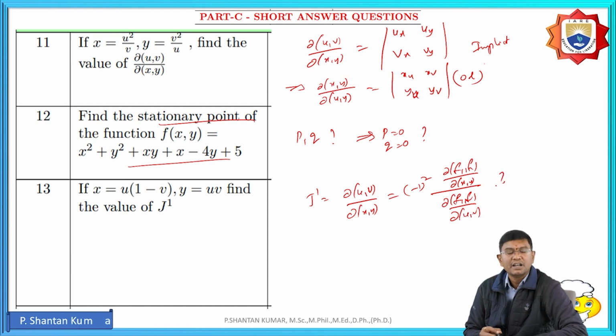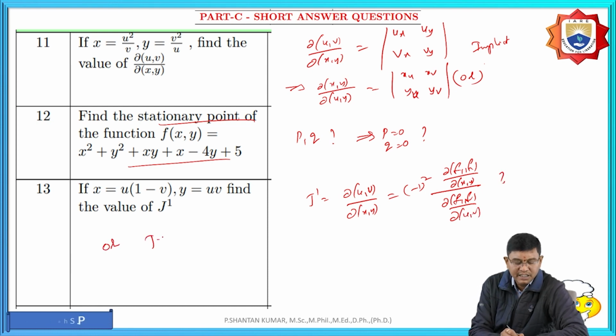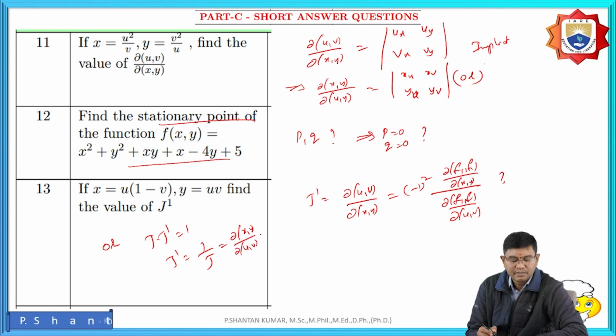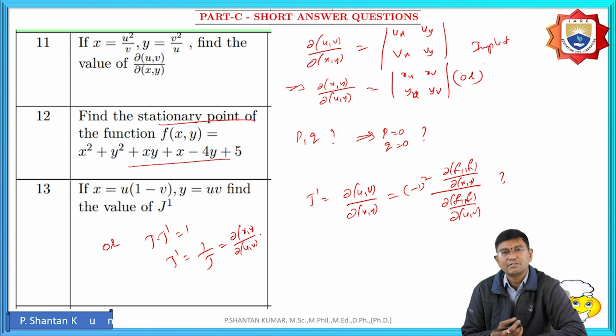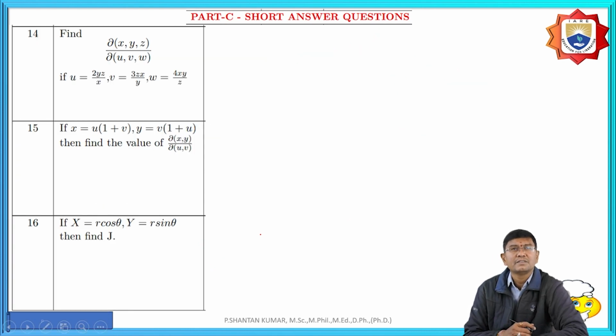Find the solutions. Or otherwise, j into j dash is equal to 1. The j dash is nothing but 1 by j, otherwise that is dou of x comma y by dou of u comma v. That is our choice, by using the implicit formula, otherwise directly by using the formula.